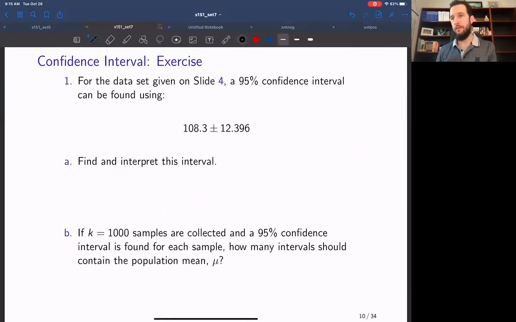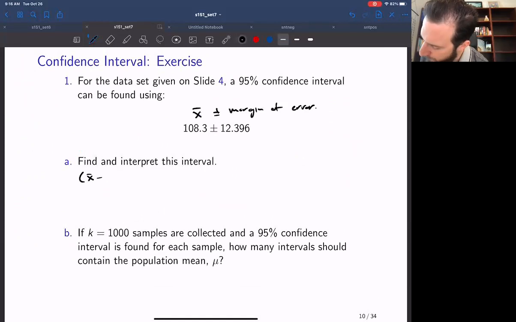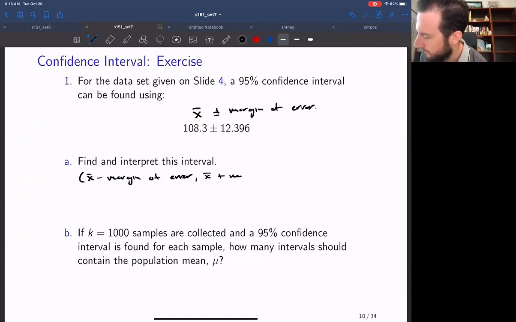So let's suppose that for one of the samples, for the sample on slide 4, the 95% CI has the following form. It's X bar plus or minus the margin of error. The first thing it says is find and interpret this interval. So the interval is just going to be X bar minus the margin of error to X bar plus the margin of error.